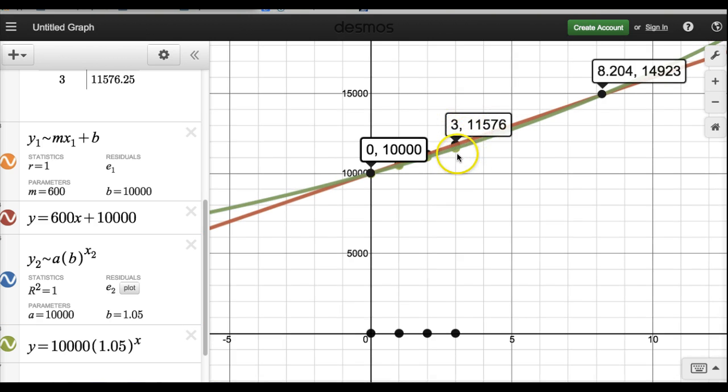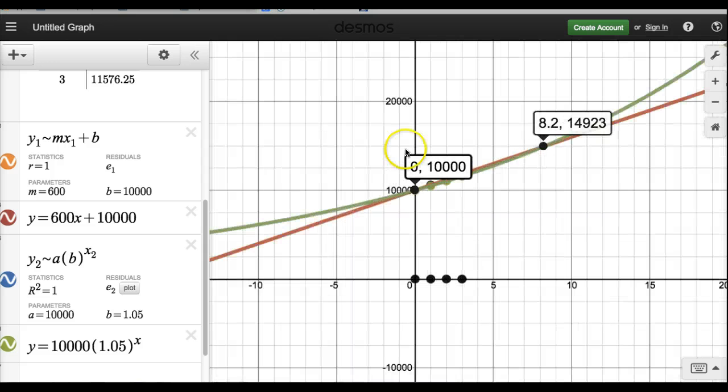I mean, you can try and put points anywhere, but it won't give you anything because it just doesn't. Why is it giving 3 years over here? I don't know, but okay, over here, when you click on that, it would tell you at 8.2 years, both accounts are going to be at $14,923. Let me see if I could zoom out and see if I could click on any other points to see if there's meeting anywhere else.